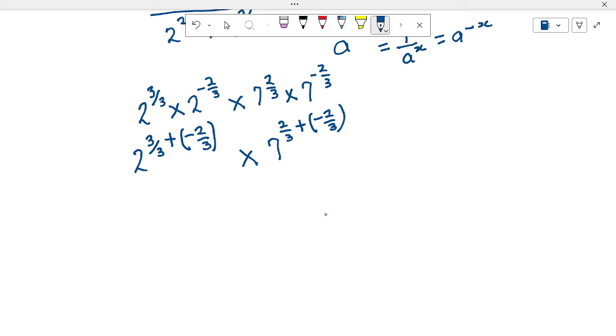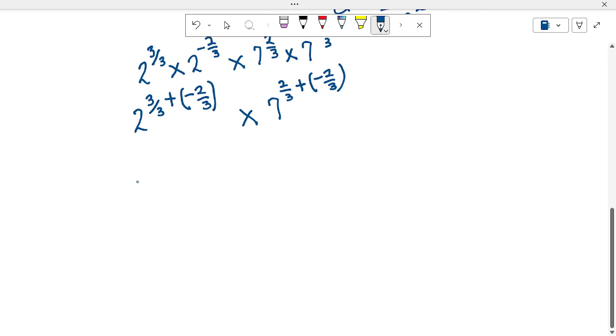So we go to the next step. Open up the bracket. That step that I said we should escape the other time, we can just do it now. So we have 2 raised to power 3 all over 3 is 1. Open that bracket.